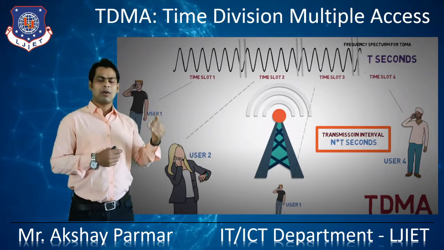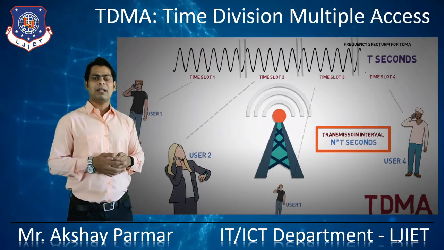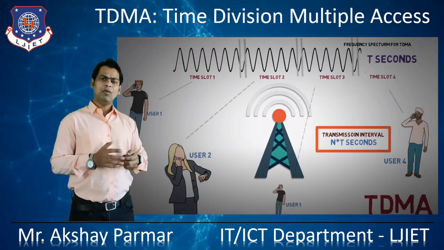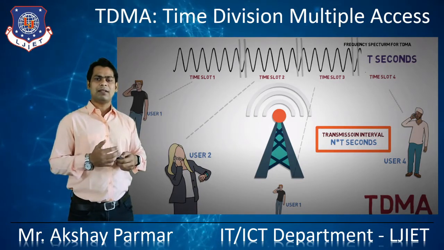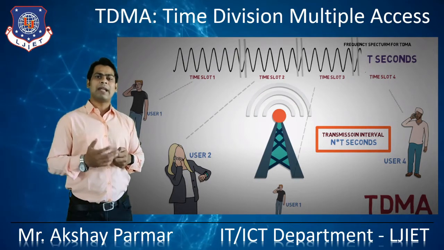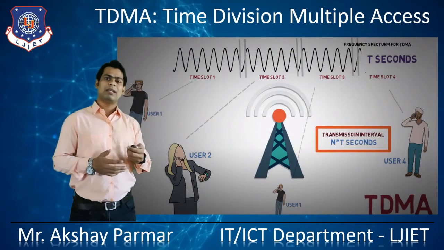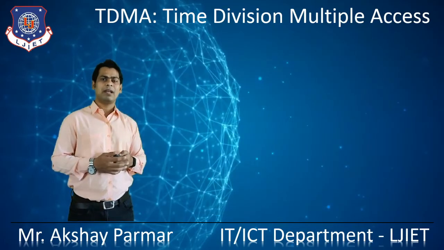The users or nodes have their particular time slot for transmission. After that, they have to wait for the next turn. In the next frame, they have their time slot. That's how TDMA works in real life.